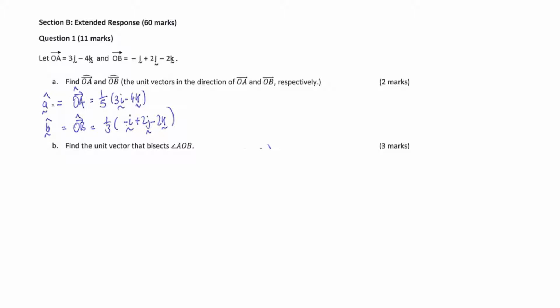Okay, now, interestingly, find the unit vector that bisects AOB. Now, to me, this was interesting because a lot of you got stuck. So OA is of length 5, OB of length 3, so let's just draw it a little bit shorter.